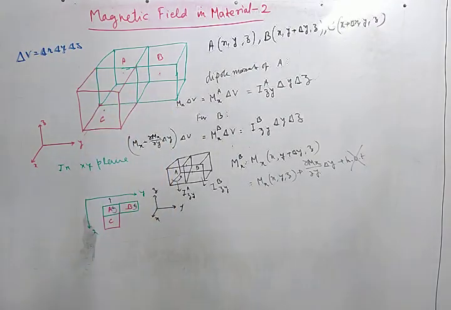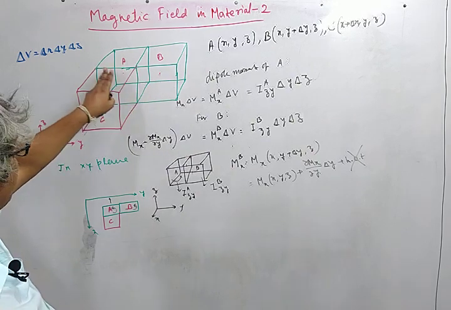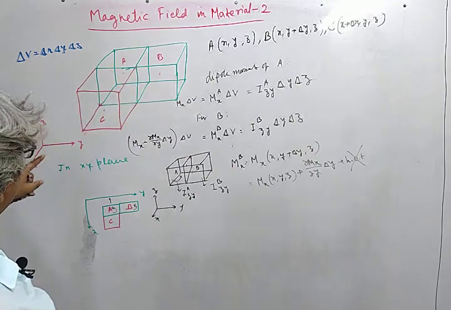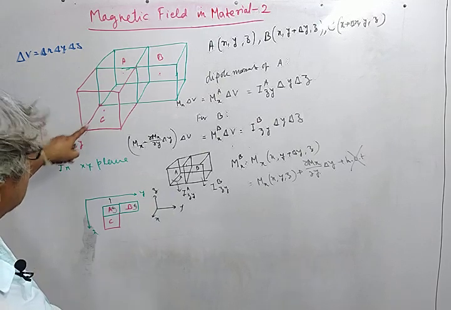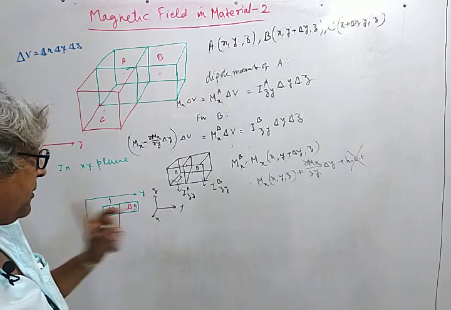Here we have assumed the standard convention of circulation. Since we are looking at the yz plane, looking down the x axis, anything in the anti-clockwise sense is treated as positive.